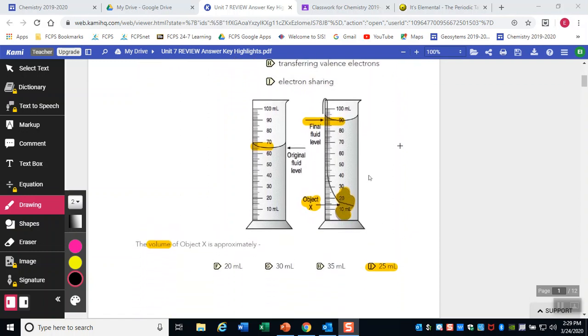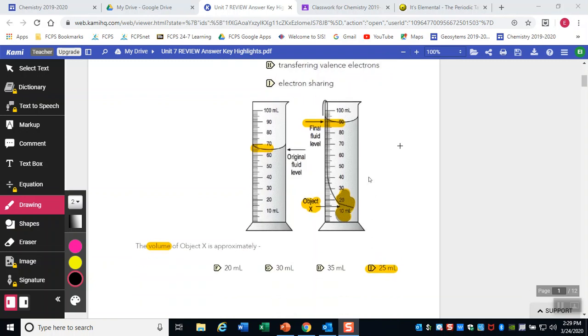So for this one about finding the volume, if you have a weird shaped object like a rock, we do it by displacement, and this is called displacement because what you do is you put the rock into the cylinder and it pushes the water up. It displaces the water. So here you have just water, 65 milliliters of water. And here with the water and the rock, you have 90.